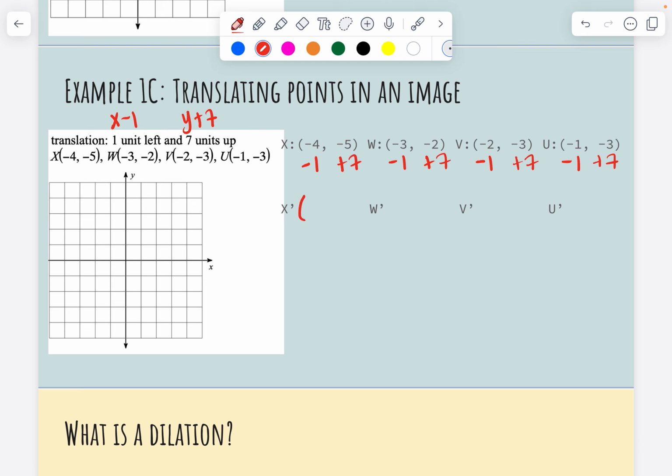So our final answers then: X prime will be (-5, 2). W prime will be (-4, 5). V prime will be (-3, 4). And U prime will be (-2, 4). And if we graph these, we would see that each point of our original graph moves left 1 and up 7.